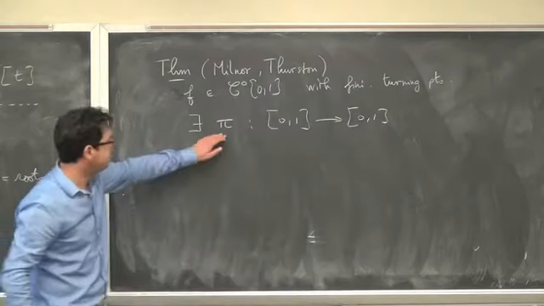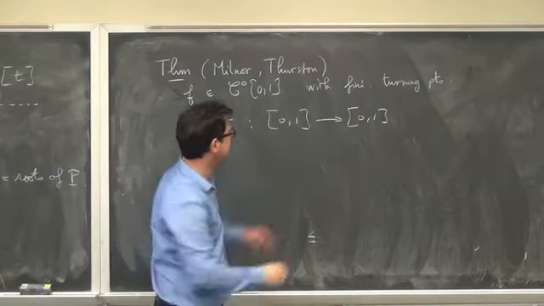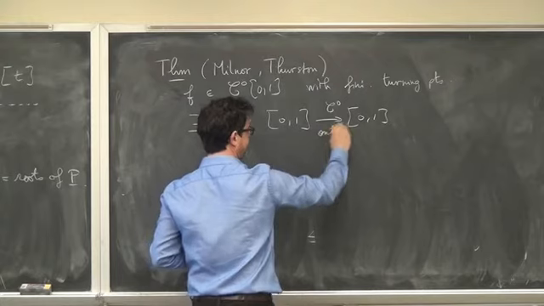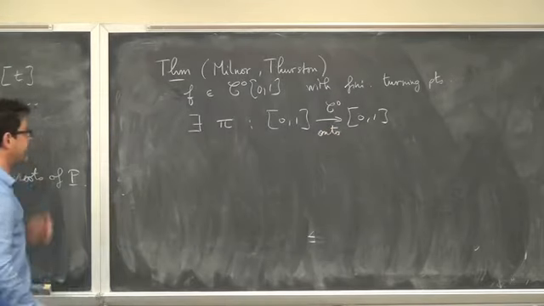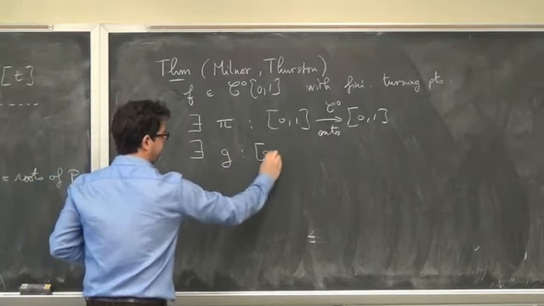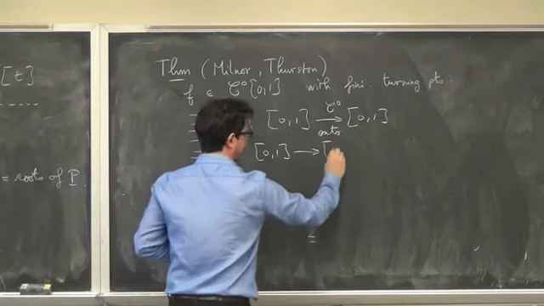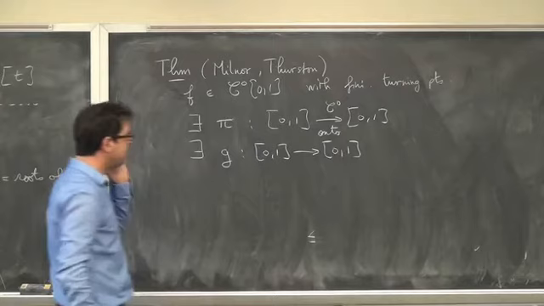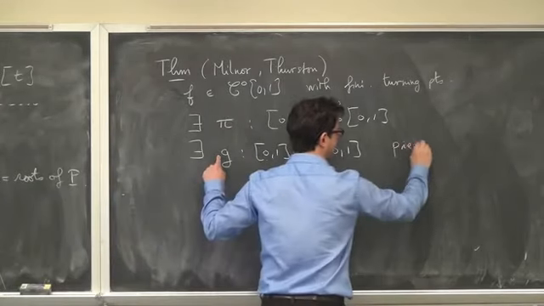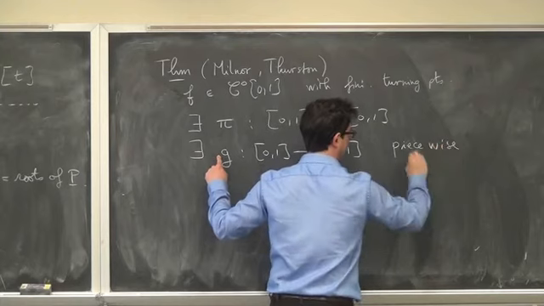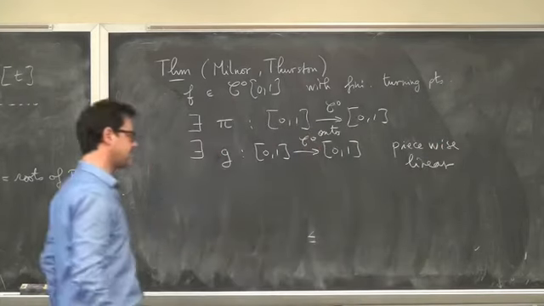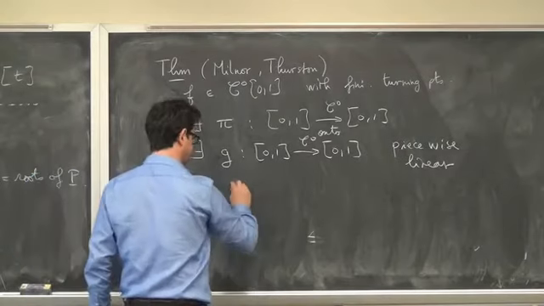a projection pi from the interval to the interval. So it's C0 and it's onto, it's surjective, such that, and there exists a map G from the interval to the interval, which is piecewise linear, continuous, and with constant slope.